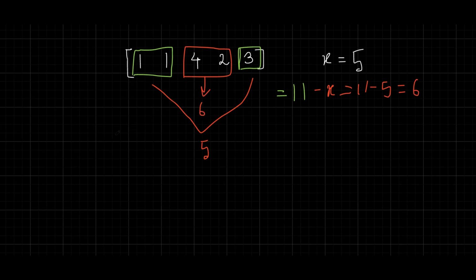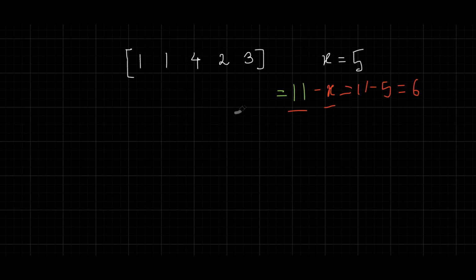Now, let's reduce the problem statement. Here, basically, we have to find the subarray which has the maximum length, where the summation will be the summation of all of the elements minus x. Now, if we find any subarray where the summation is the summation of all of the elements minus x, then suppose this is our array.